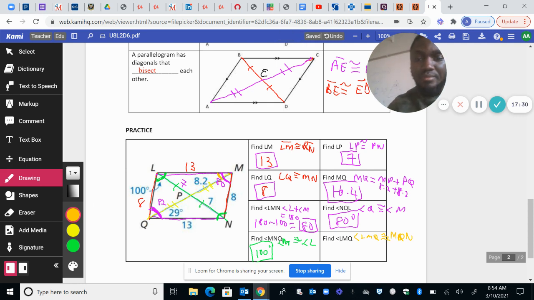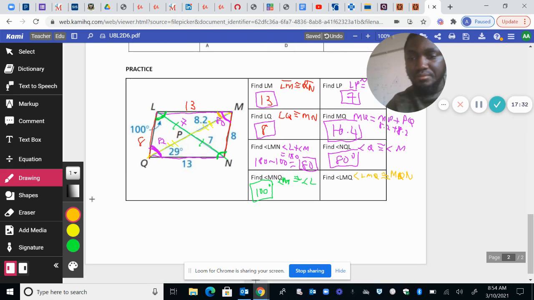I'm going to put it somewhere here. The figure looks like this. This is L, M, and this is Q. And then we have N here.